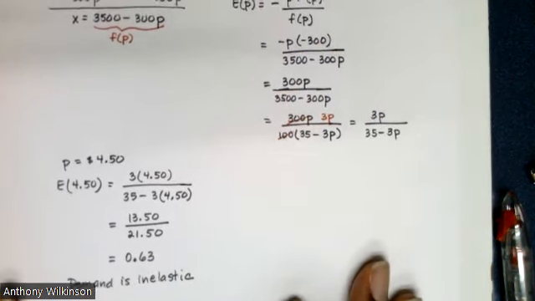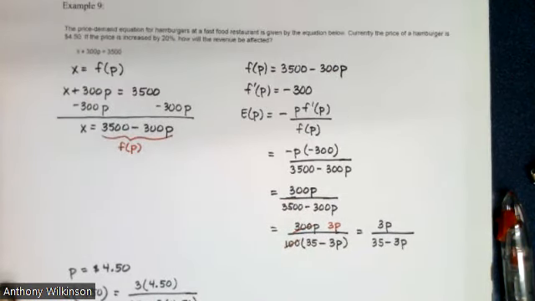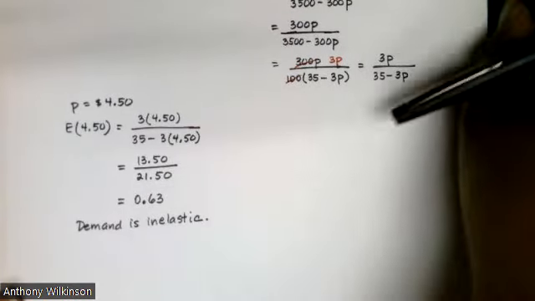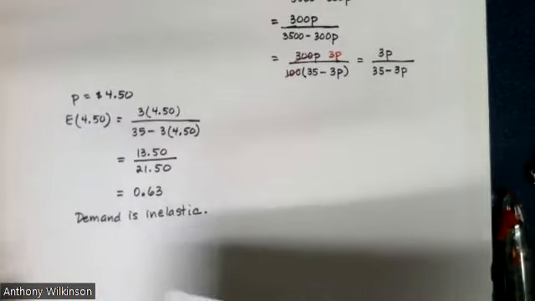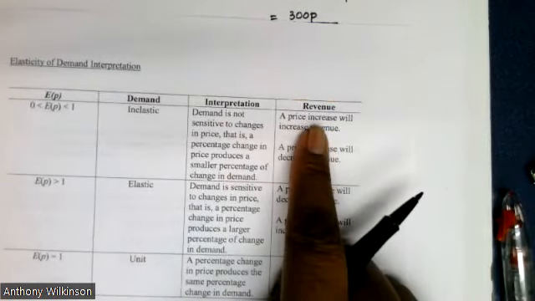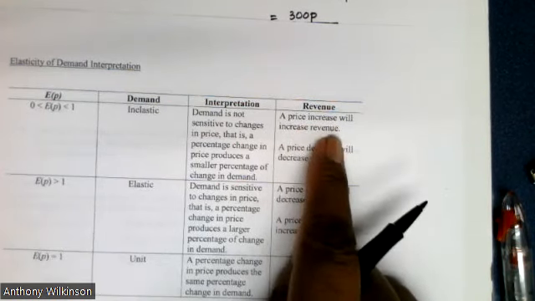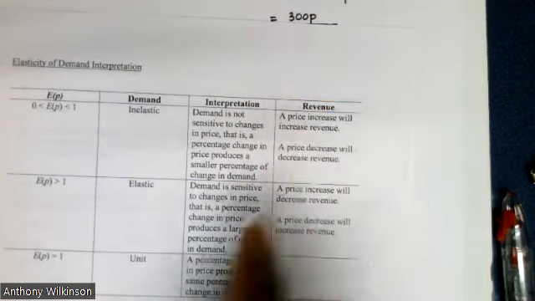And then the question that they ask is, how will the revenue be affected? Well, if your demand is going to be inelastic, going back to this table, this is what's going to happen. And it does say that the price is increased by 20%. Well, for the revenue, a price increase will increase your revenue.